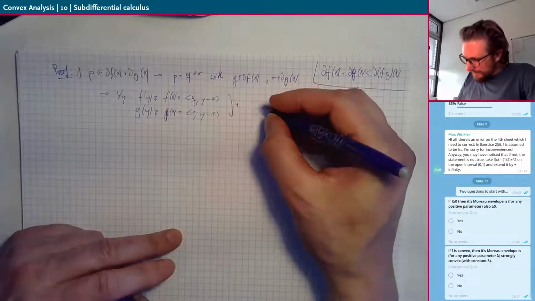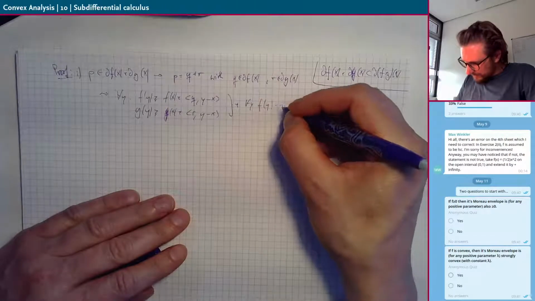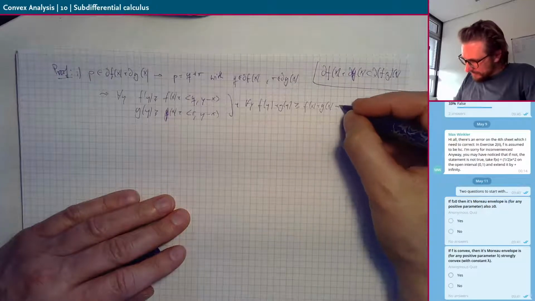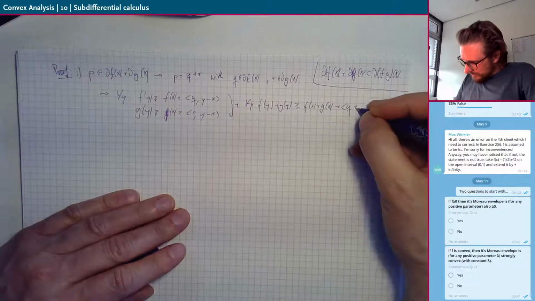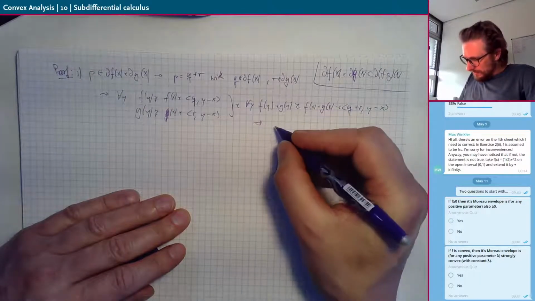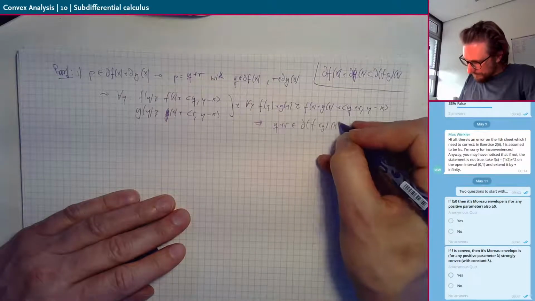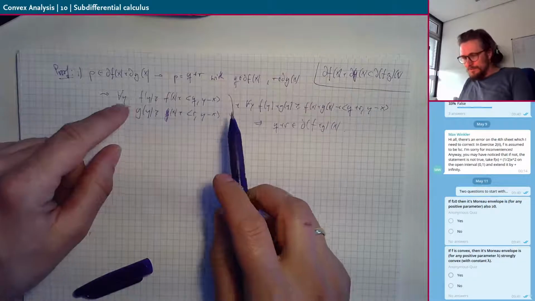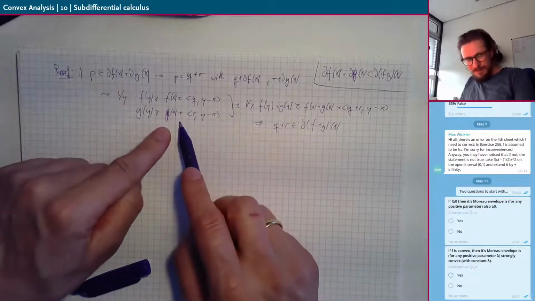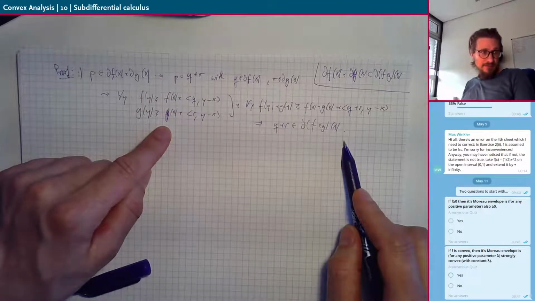Adding them up gives what we want: for all y, f of y plus g of y is larger than or equal to f of x plus g of x plus q plus r times y minus x. This shows that q plus r is in fact in the subgradient of the sum. So it's simple: both fulfill their subgradient inequalities, and then you can just add them up and arrive here.